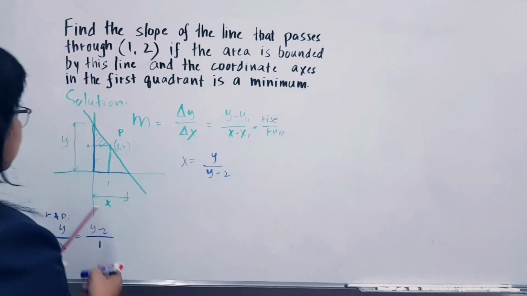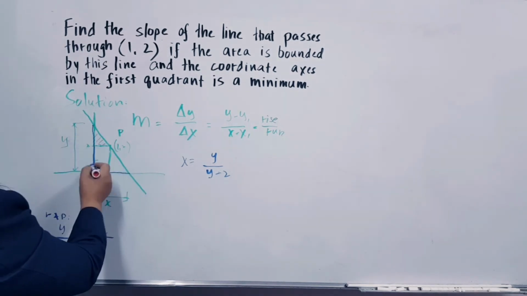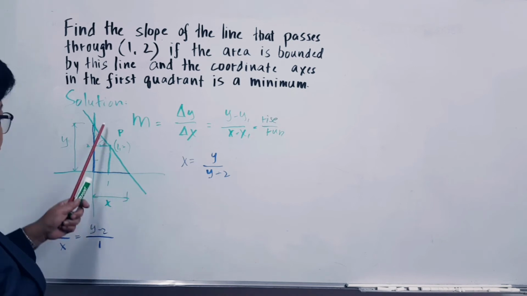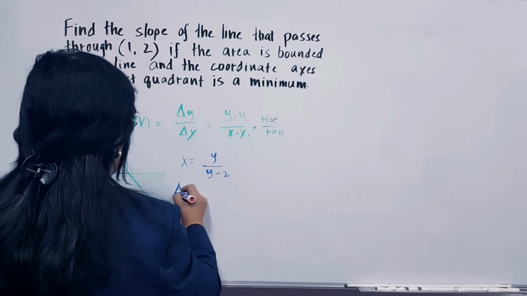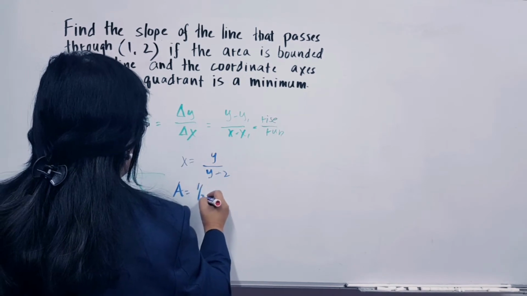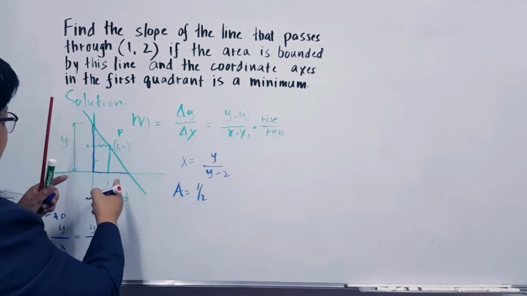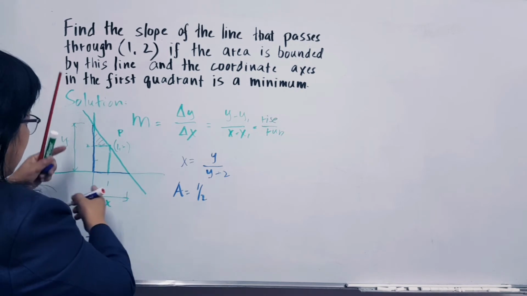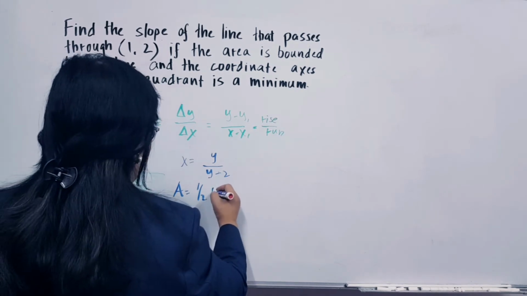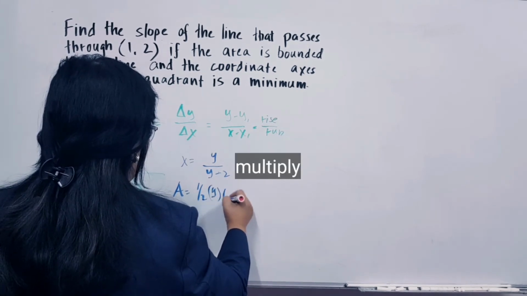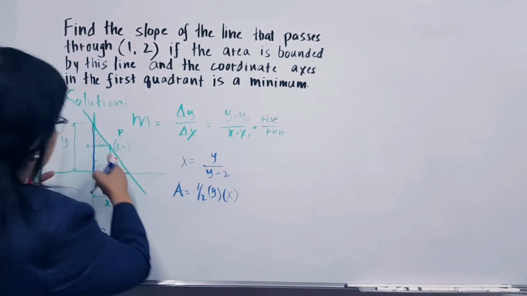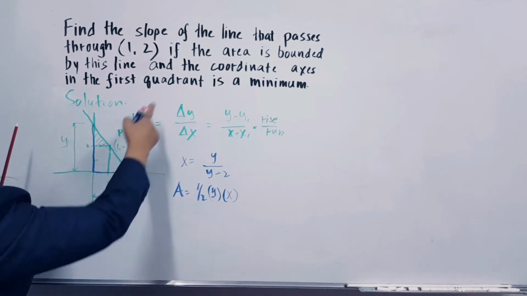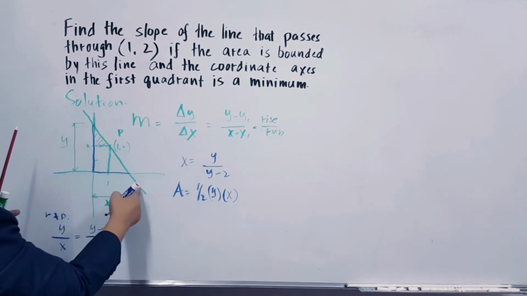So that means we can find the area of the right triangle here. The formula for the area of the right triangle is equal to 1/2 the height, which is y, times the x.